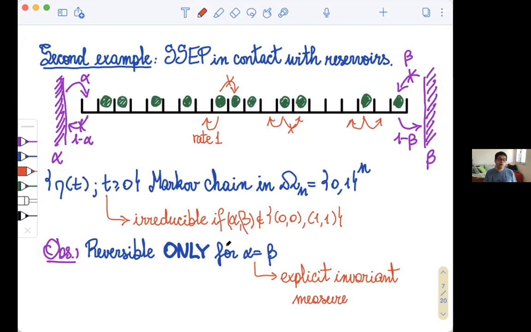And because of the non-reversibility, unless for some miracle we know a priori what the invariant measures are, it's not possible to obtain explicit formulas for those measures.